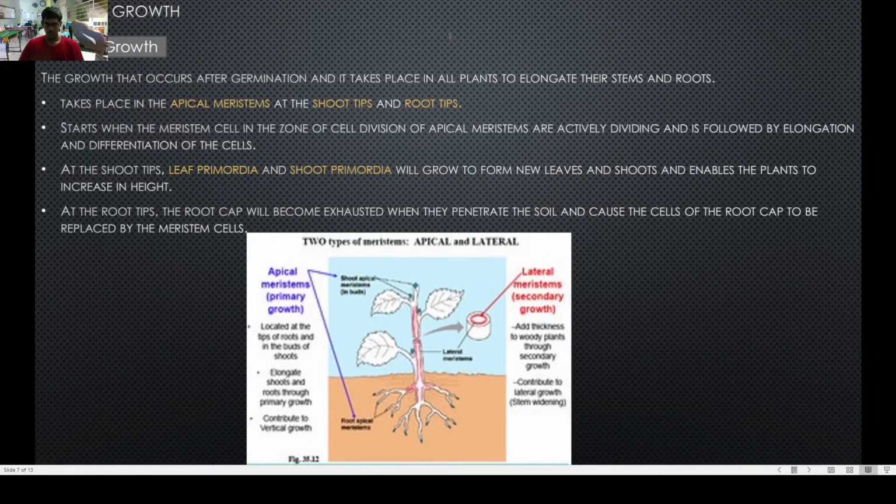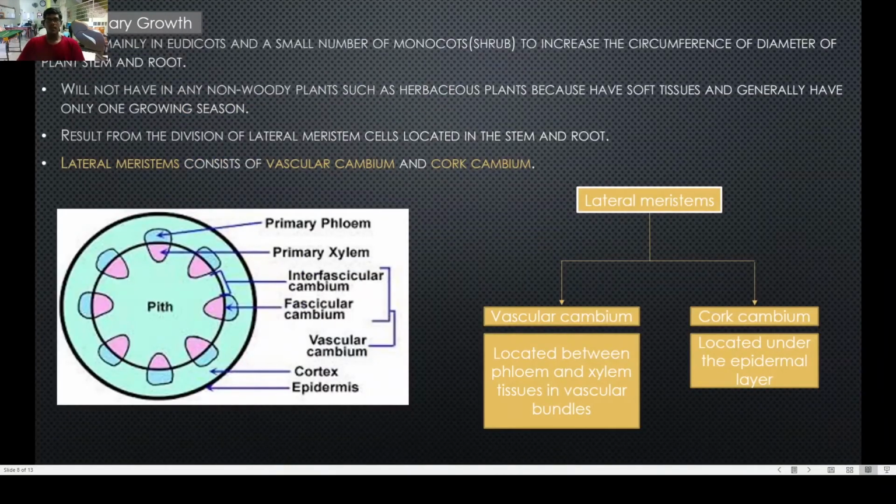secondary growth. So second is secondary growth, which occurs mainly in eudicots and a small number of monocots, shrubs, to increase the circumference or diameter of plant stems and roots.